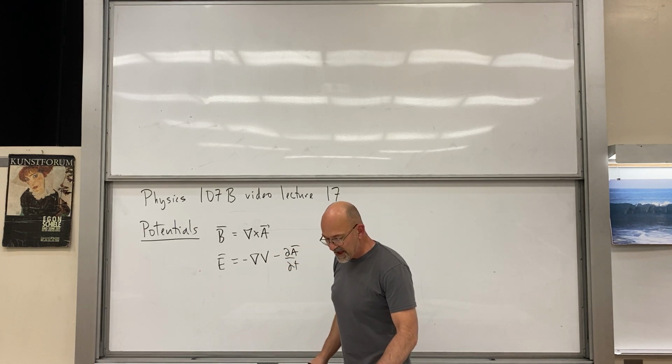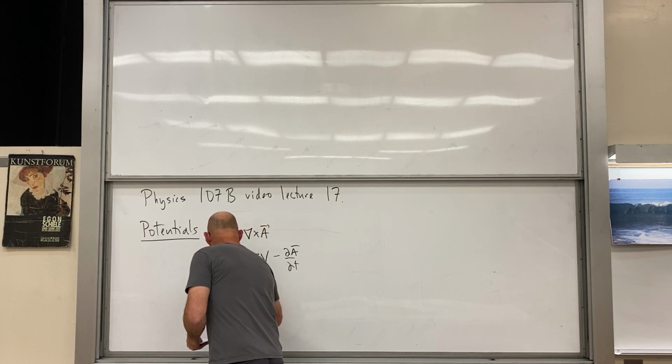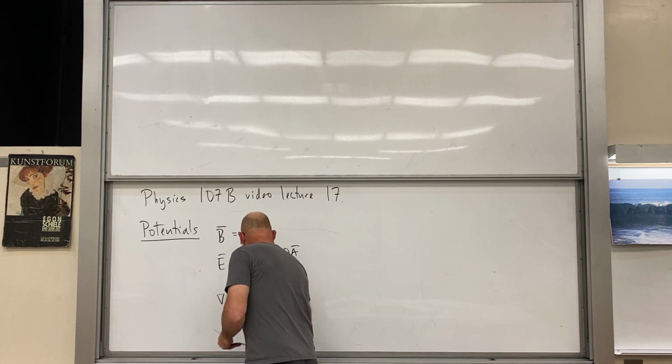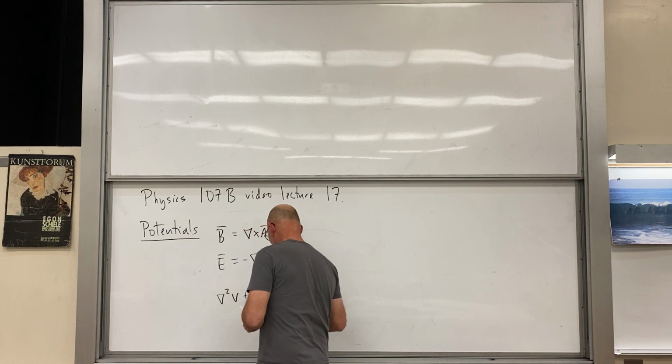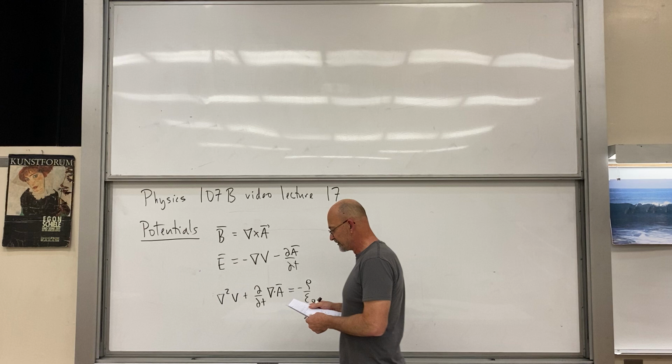And for those we have two equations. The first: del squared V plus d/dt of the divergence of A is equal to minus rho over epsilon naught.